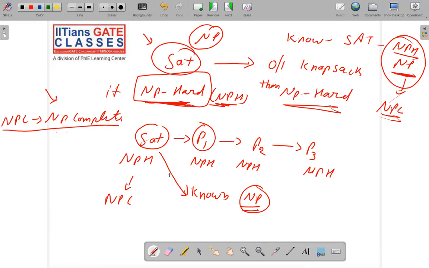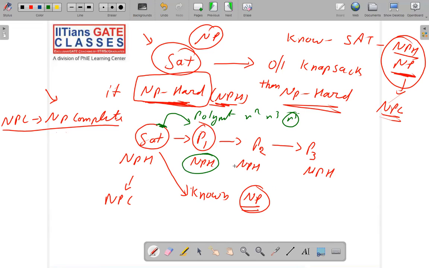If the SAT problem can be reduced into P1 polynomially, for example n square, n cube, or n5, some constant power of n, then this problem will also be NP hard.